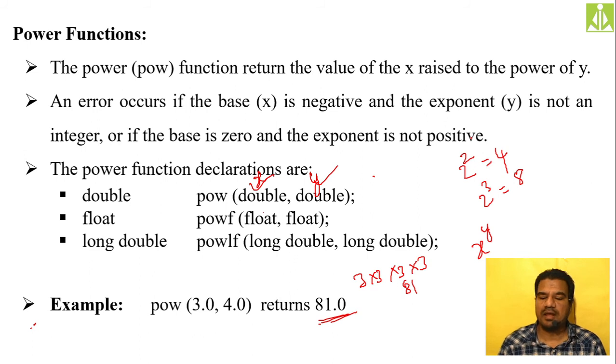When an error will occur, you just read this statement. It is an important statement. When you are calculating the power, yeah, my marker, where is it? Yeah, here it is. So this second statement you just read.